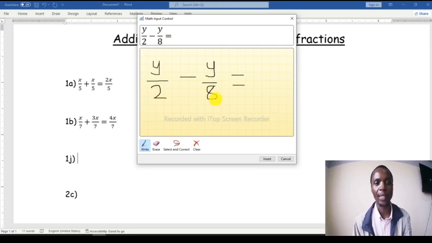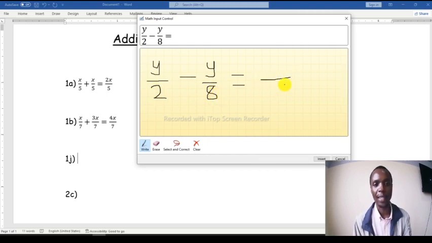Since here you can notice that 2 and 8 are different denominators, the first thing you need to do is find the common denominator. In this case, the lowest common multiple would be 8.